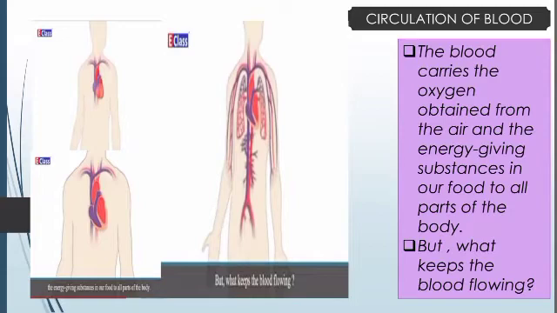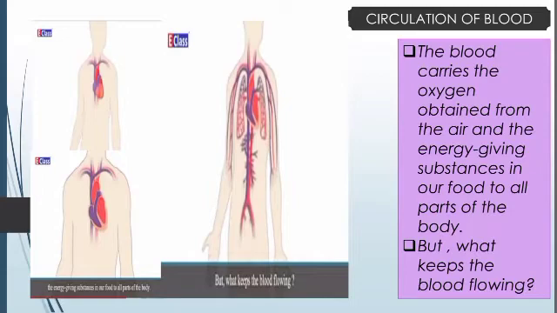Yes, we are all aware that blood is present in different parts of the body. How do we come to know that? What keeps the blood flowing in different parts of the body? Sometimes we meet with an accident, and the injury may be on a hand, finger, toe, or any other part of the body, but still the blood comes out.